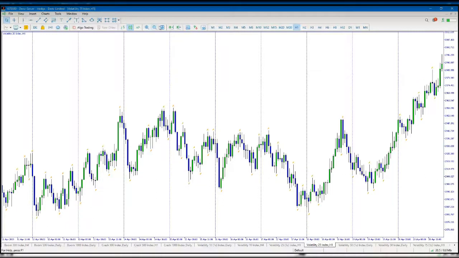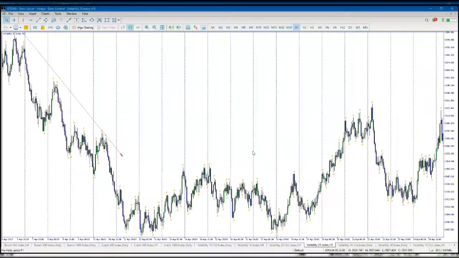I think when I started trading synthetics, I started trading V75 actually. I was introduced to V75, and then after a lot of burning of fingers, I started trading synthetics when V75 was ranging.